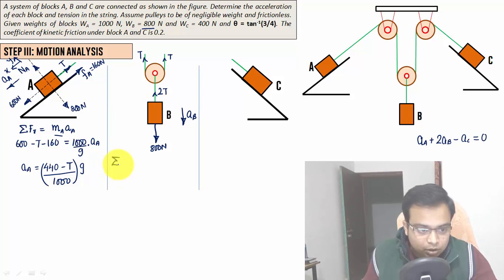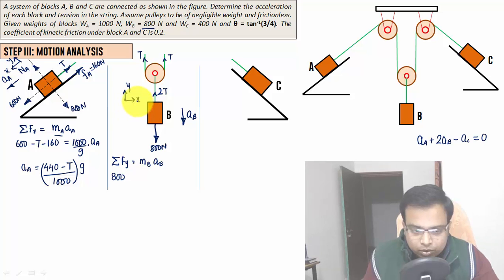So again, summation of all the forces in y direction, mass, acceleration for block B, we have this B as the subscript, right? So it's going to be very simple. 800. Now this is y direction, okay? That's x. None of the forces are along x direction, so analysis along x direction is not to be carried out, don't worry.